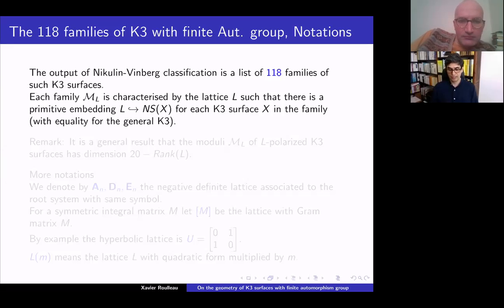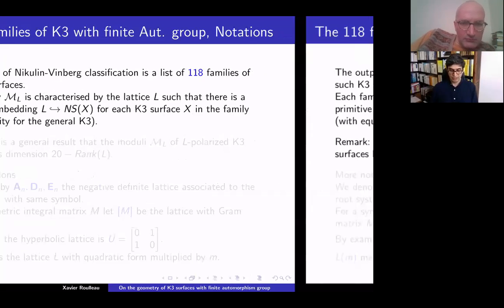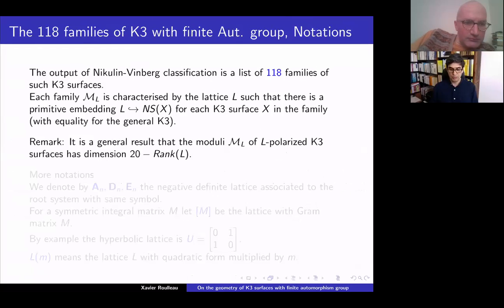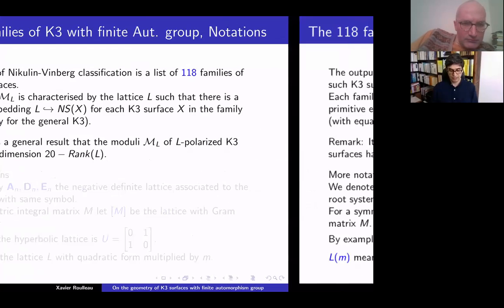So the output is 118 lattices, which are Néron-Severi groups of K3 surfaces with finite automorphism group. And a remark on the dimension of the moduli space of these K3: it is 20 minus the rank of the lattice.